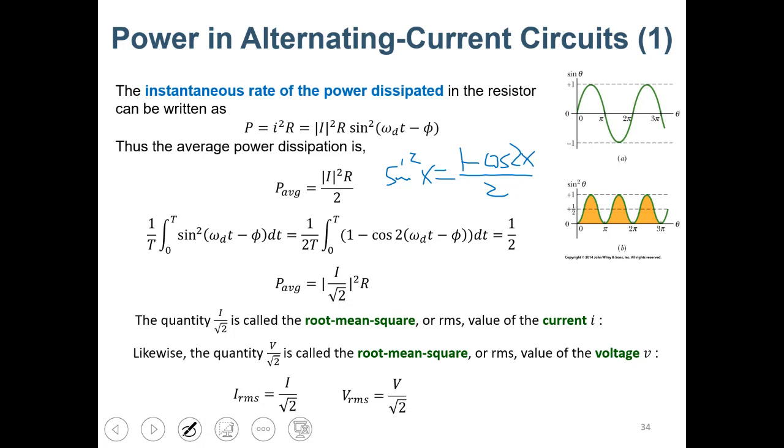As long as cosine is a function between minus 1 and 1, 1 minus cosine 2x is between 0 and 2. 1 minus (minus 1) will be 2, and 1 minus 1 will be 0.